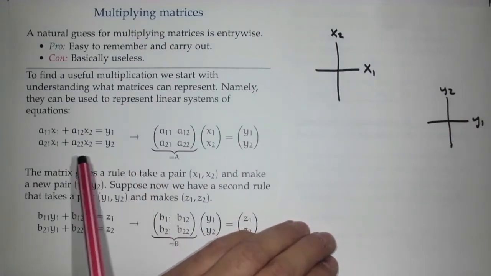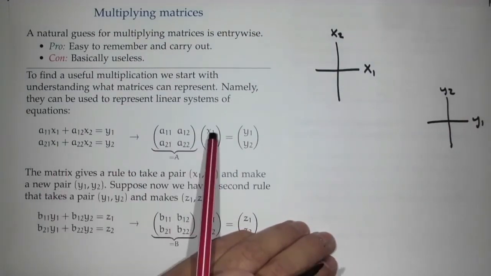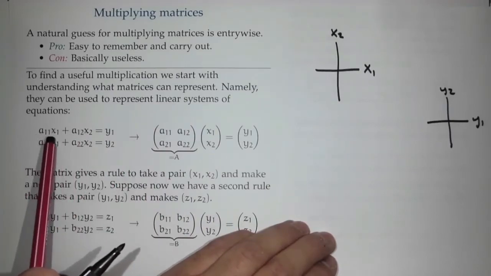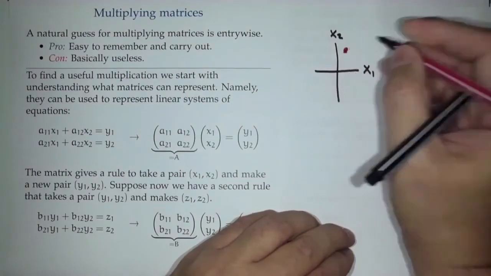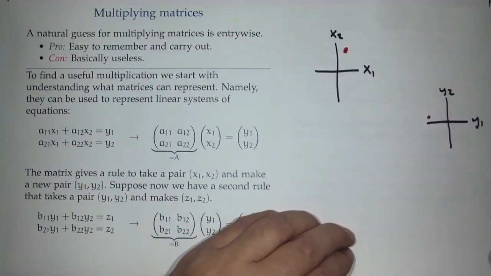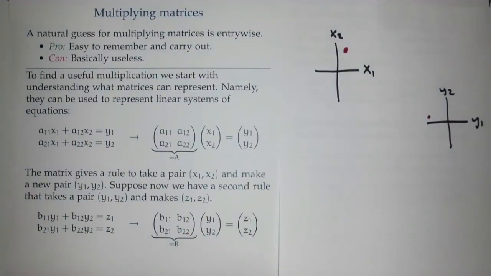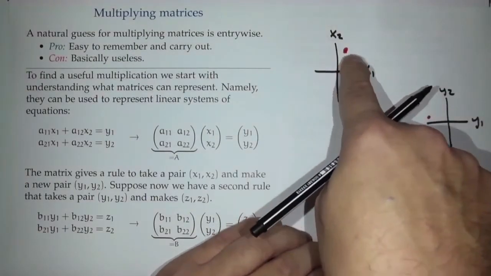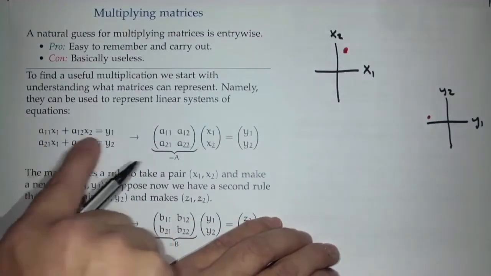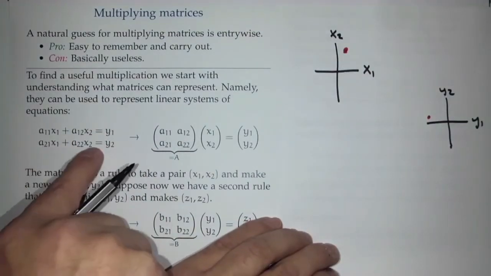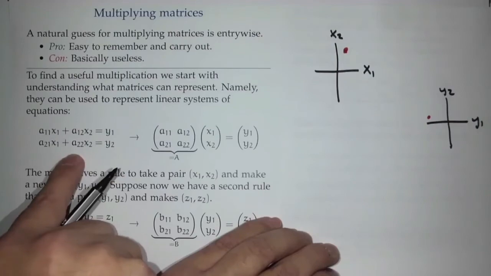And so the way it works is we have the coefficients here, right? So to get the new y1, y2, let me be more precise. If I have a point here, it maps to a point there. And the rule says if I know where I am here, I know x1, x2, then I produce y1, y2 by the following two equations. And these are nice equations. These are linear combinations.